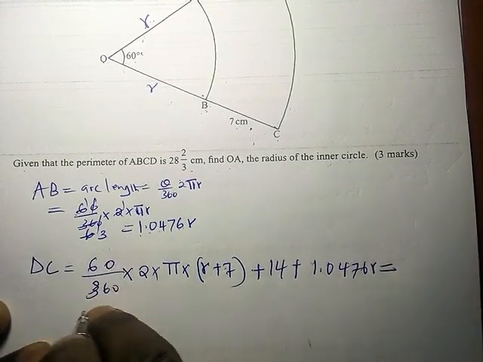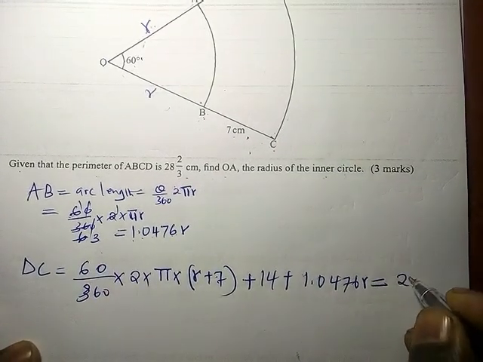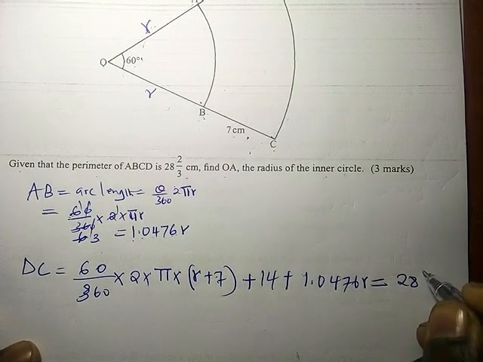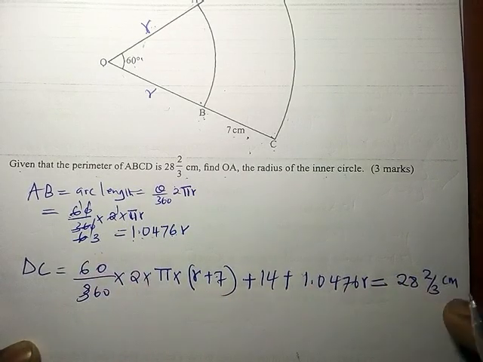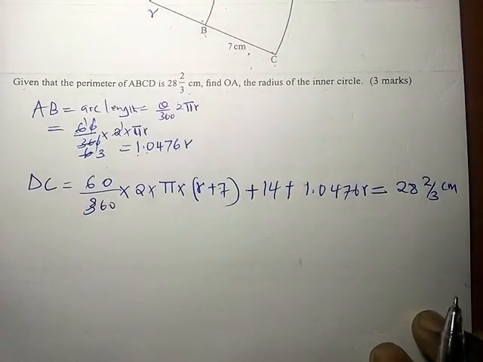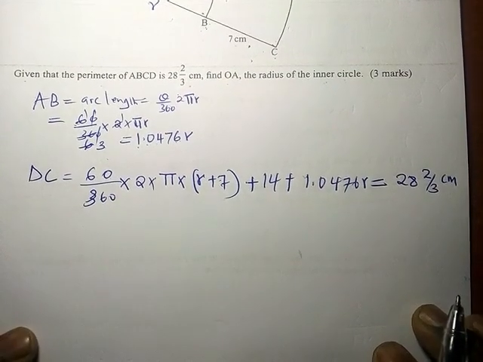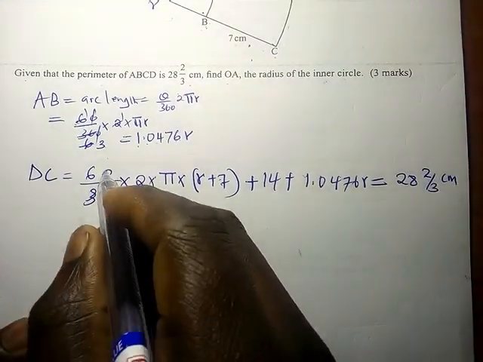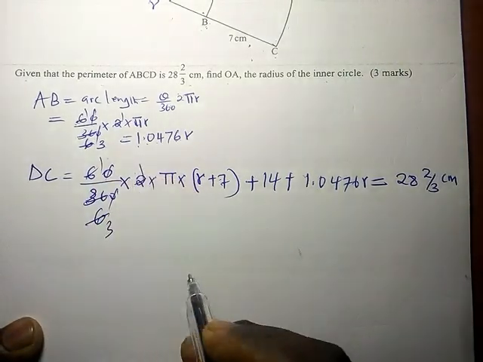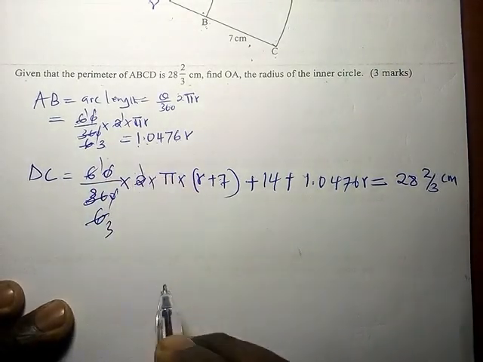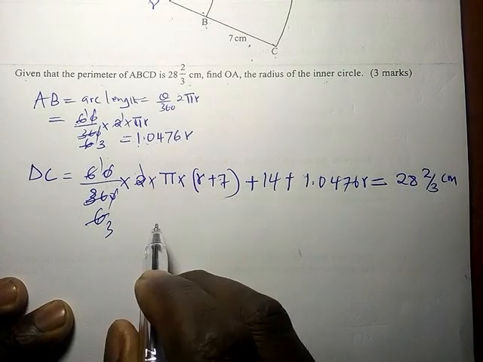All of this will give us 28 and 2/3 centimeters. Now we can simplify: 6, 3, 1.